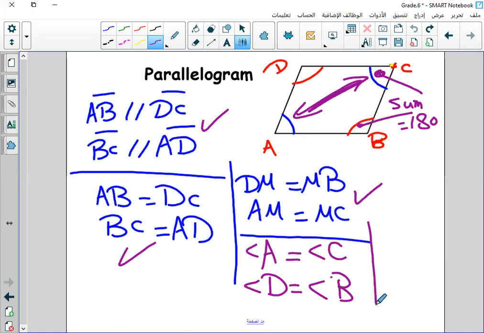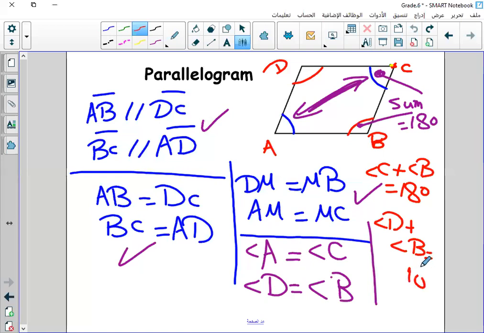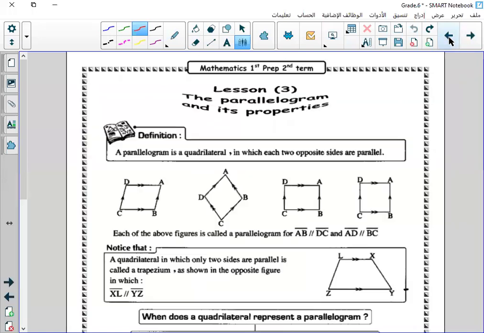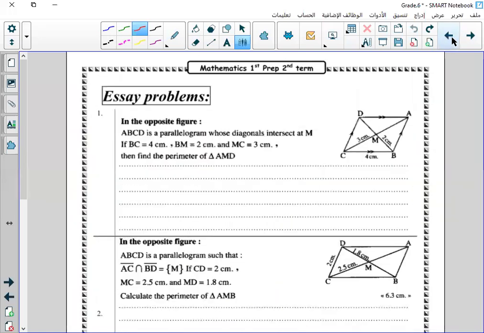So measure of angle C plus measure of angle B equals 180 degrees, and measure of angle D plus measure of angle B equals also 180 degrees. Let's go to the exercise about the parallelogram and its properties.